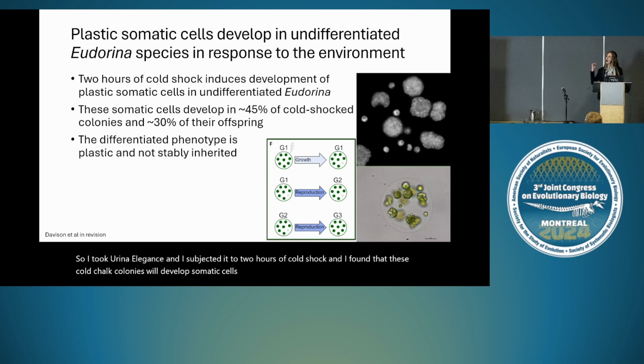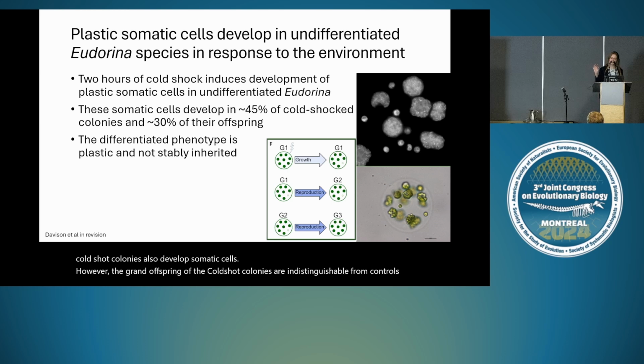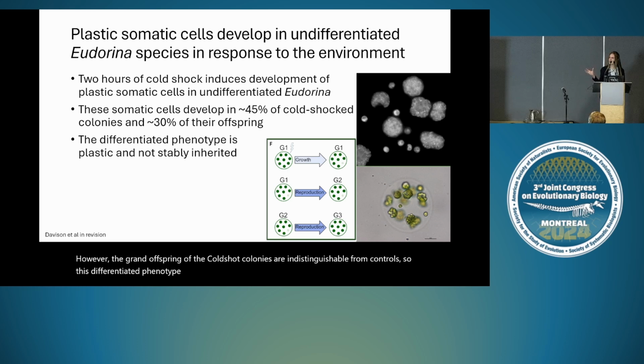Additionally, some of the offspring of those cold shock colonies also develop somatic cells. However, the grand offspring of the cold shock colonies are indistinguishable from controls. So this differentiated phenotype is plastic, it's not stably inherited, and you've got this role of maternal effects occurring here.